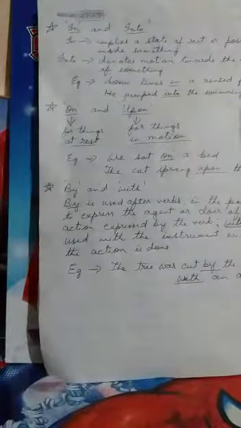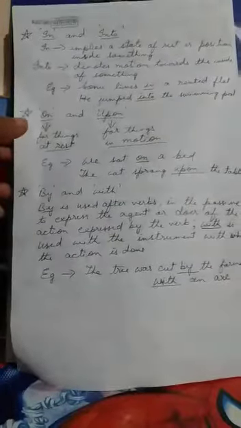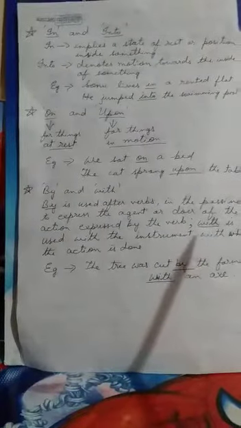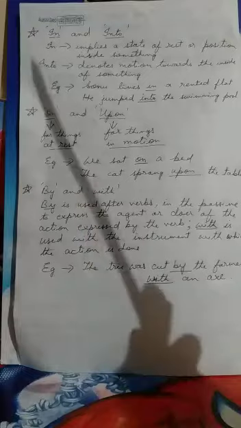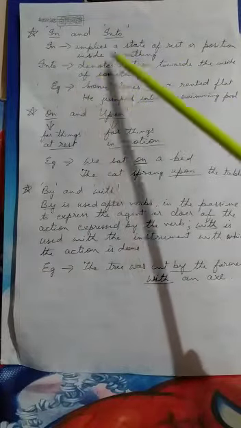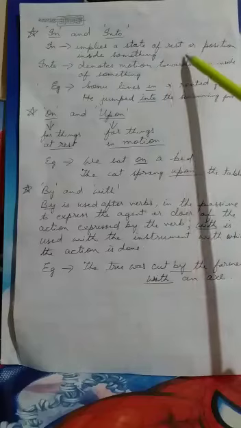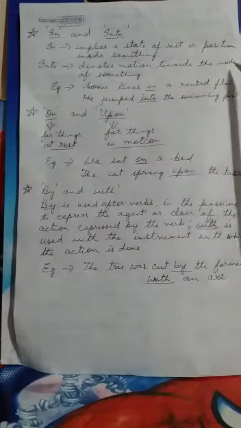Then we have certain other words where usually you may make mistakes. So we will just have a look. See, in and into. What is the difference? In implies a state of rest or position inside something, and into denotes motion towards the inside of something.